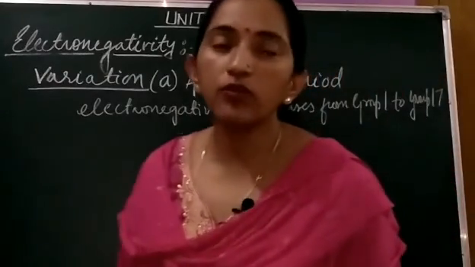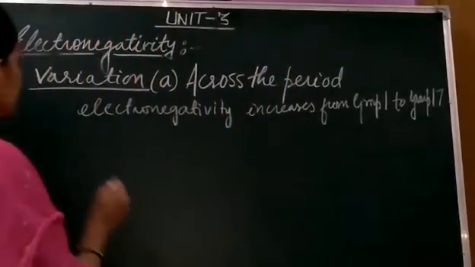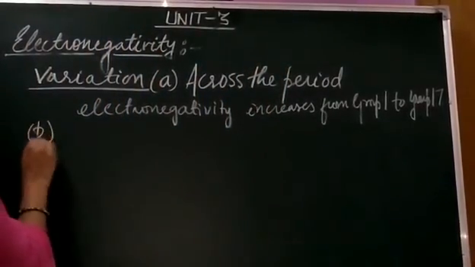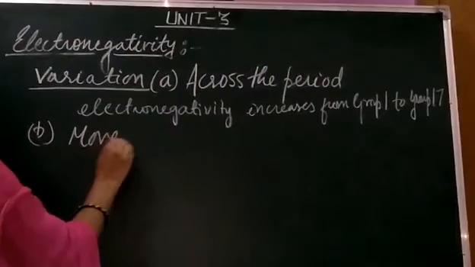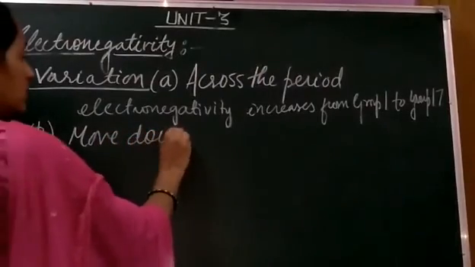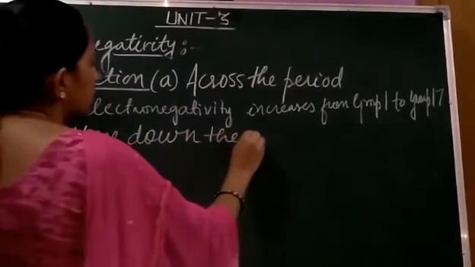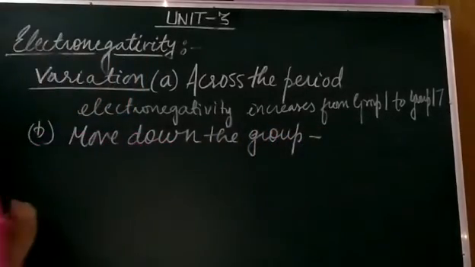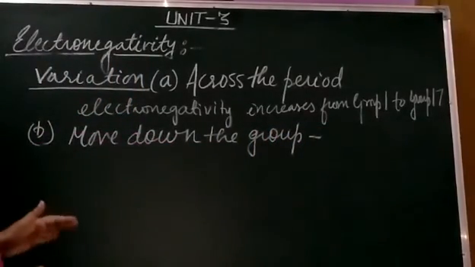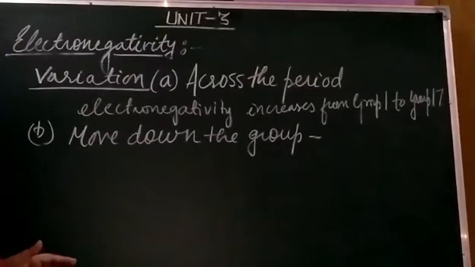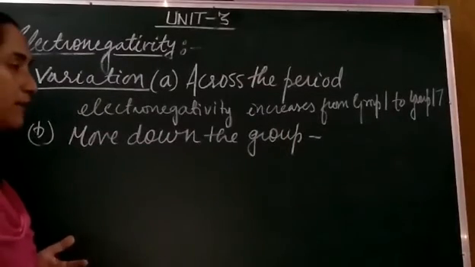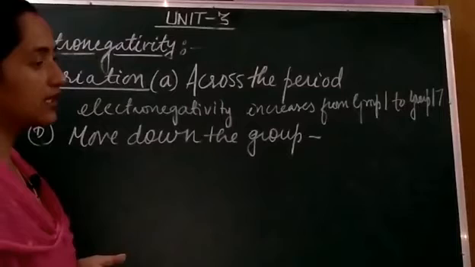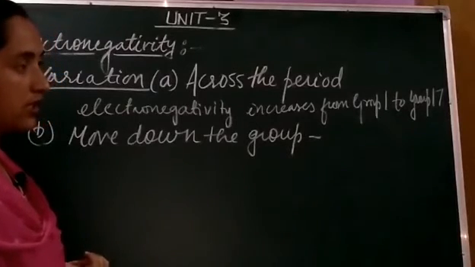Now students, when we move down the group, what happens? You know that when we move down the group, there is an increase in the size of the atom and a decrease in the effective nuclear charge, right?